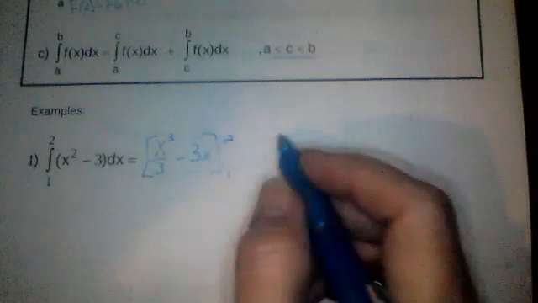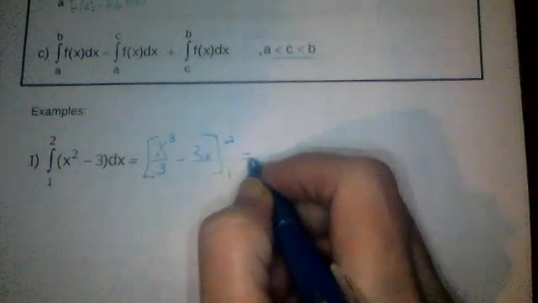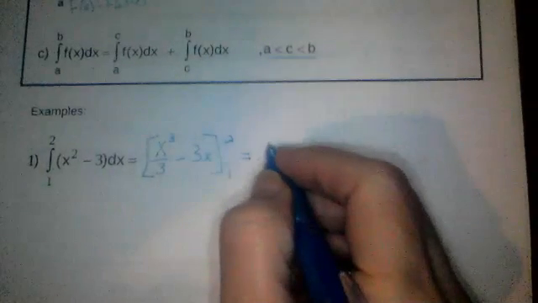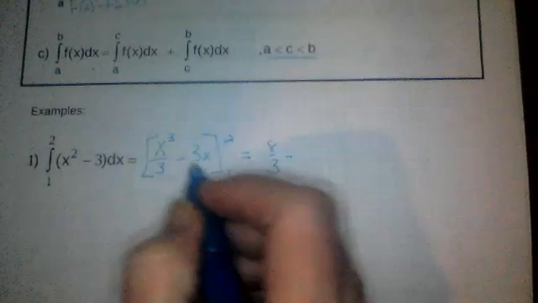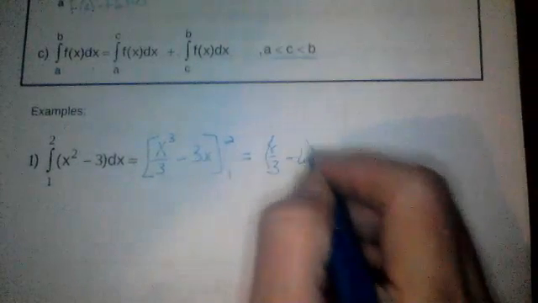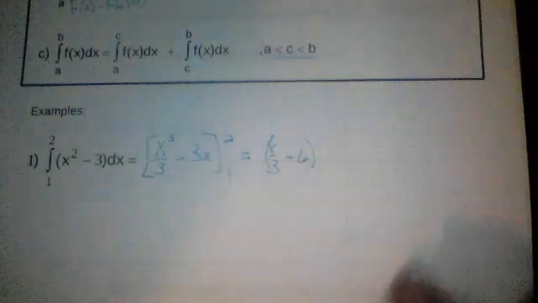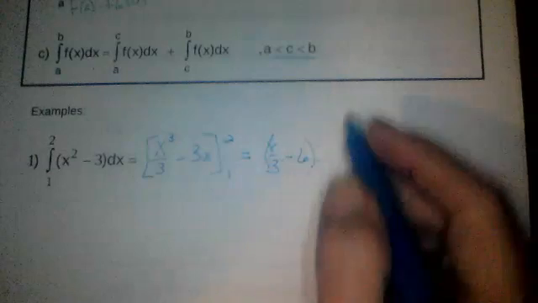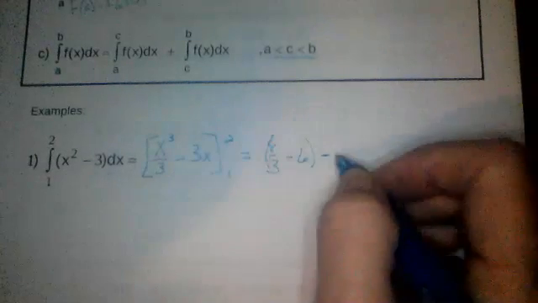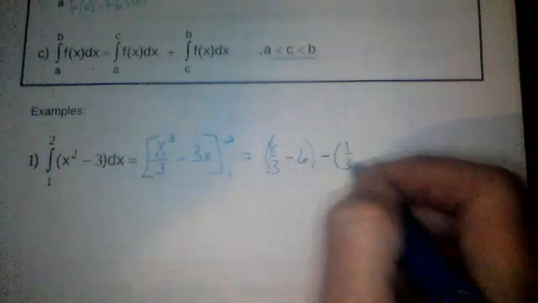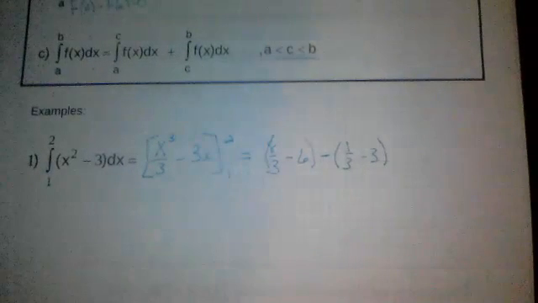So if I put in 2, put the top number in first, 2 cubed will be 8/3. Minus, put in 2, I get 6. That's like my F of 2. And then I'm going to subtract from that, plug in the 1. So 1/3 minus 3.